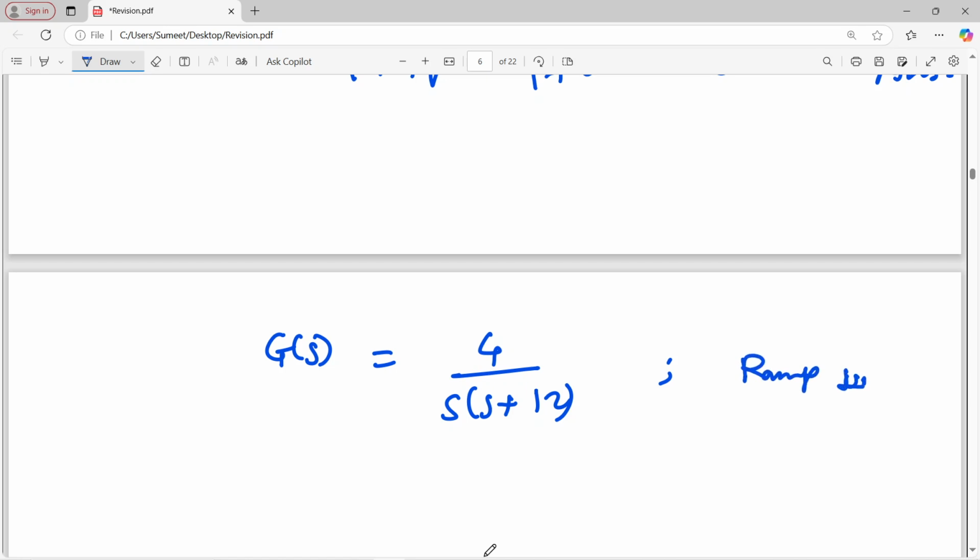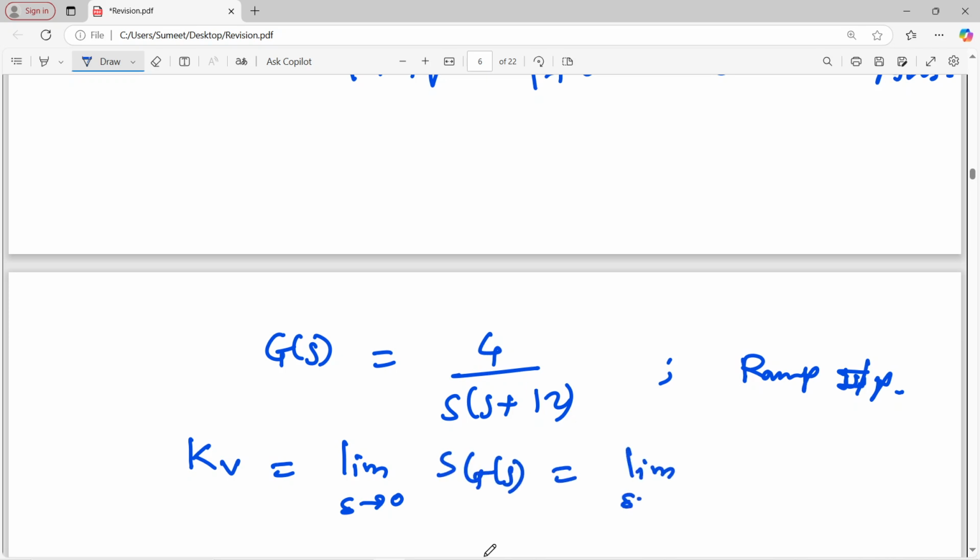Let us say the open loop transfer function G(s) is 4 upon s plus 12, and the input applied is ramp input, unit ramp input. So in that case, we will calculate the velocity error coefficient, that is Kv, limit s tends to 0 s into G(s). So put the value of G(s).